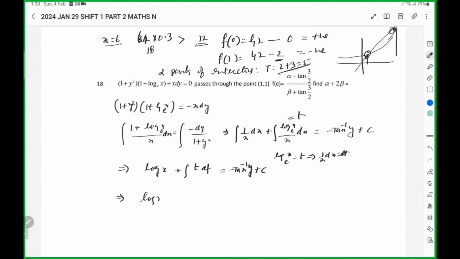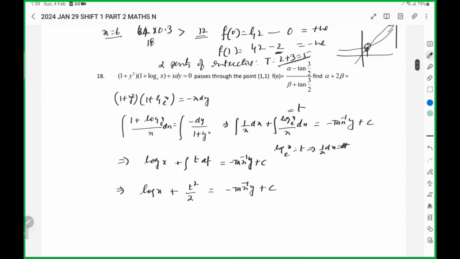So log x plus t square by 2 is minus tan inverse y plus t. Here t, sorry, it is what I wrote, log x plus, right.